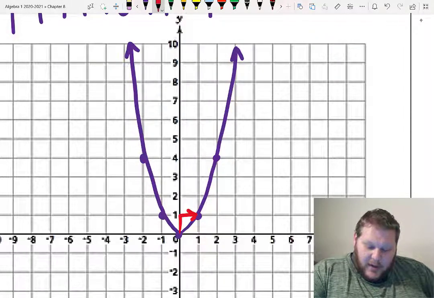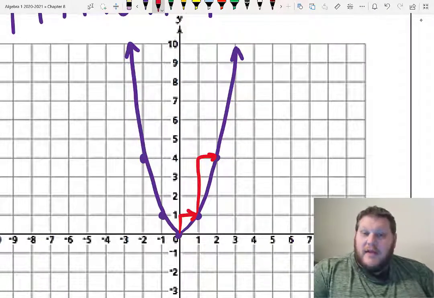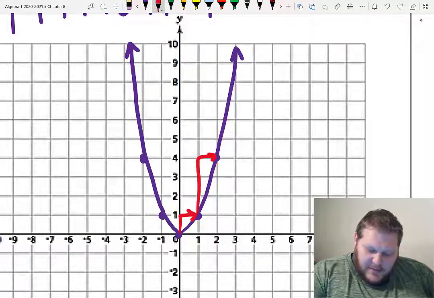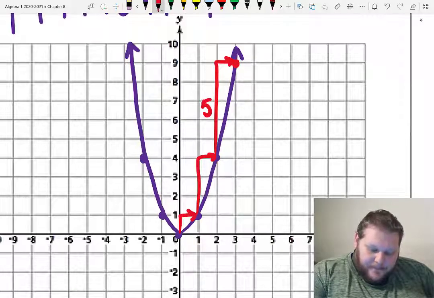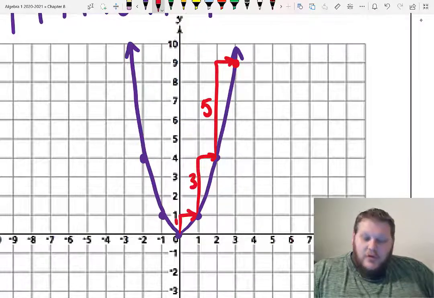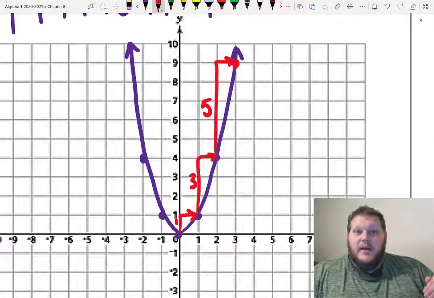And then from that point, I go up 3 over 1. The next point, which I happen to go through nicely, which is awesome for me. My next point, if I plugged in 3, I'd get 9. So this next point is up 5 over 1. So you can see my vertical changes. I'm going up by my odd numbers, and then I'm just going over 1 to get my shape.